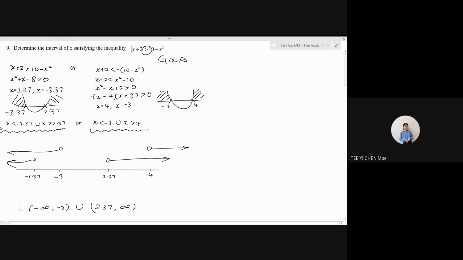So since it's OR here, we're going to take all the values. Shading here. And we'll get our final answer. The interval of x is here. This is the final answer that I get.